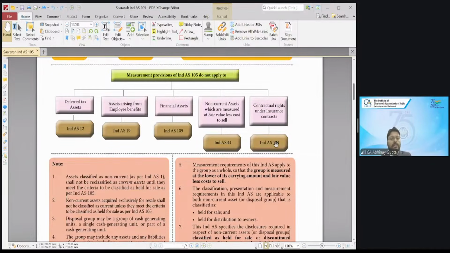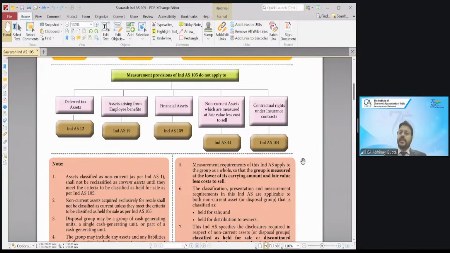Now, while 105 specifically talks about remeasuring these items at fair value less cost to sell, there might be certain items which may be part of this disposal group. For example, deferred tax assets, assets arising from employee benefits, financial assets, non-current assets which are measured at fair value less cost to sell under Ind AS 41, right? Agriculture standard you must have already read, right?